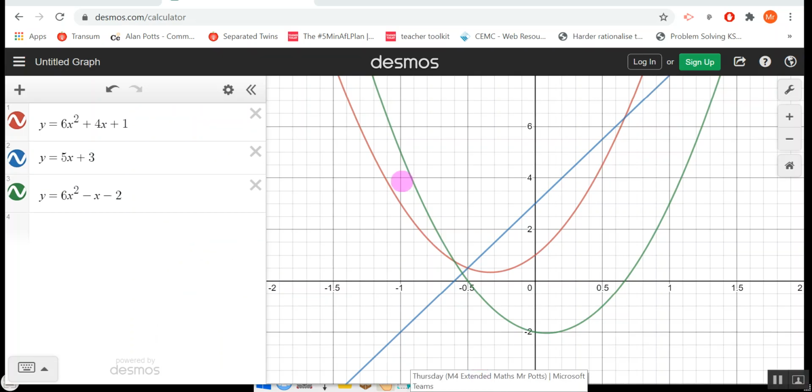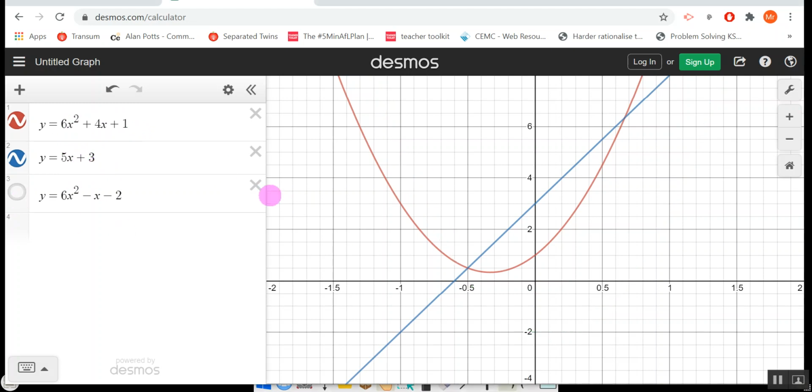So if we compare, this is the question you get where this one is less than this one. So I want to know actually where the red line is under the blue line, yeah? Okay. So I'm looking for these points where, so this is what we've done before.